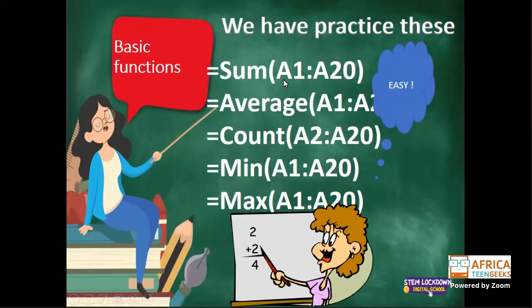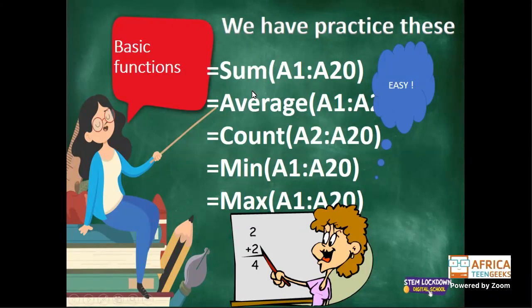A1 is a cell reference. You know what a cell reference is, because we spoke about this before we started. I believe everyone is still following. The basic principles are very important for knowing the rules. This is the function AVERAGE. Remember, all the time you have to start with the name of the function. So this is the range A1 up to A20 again.